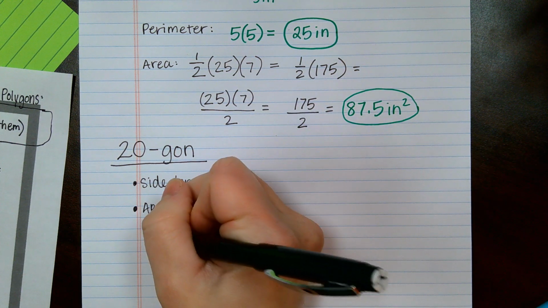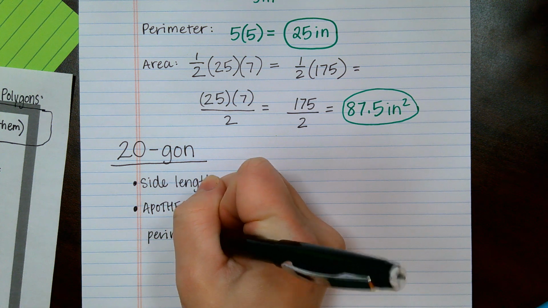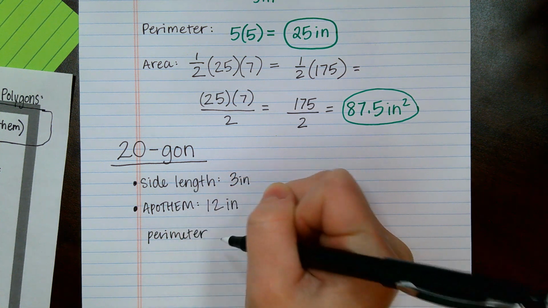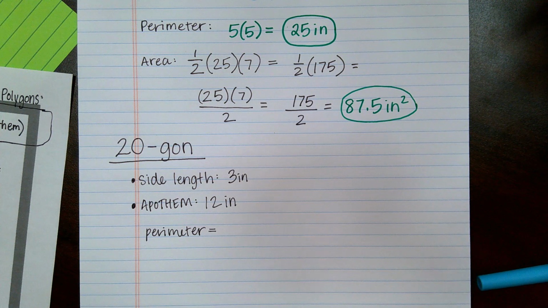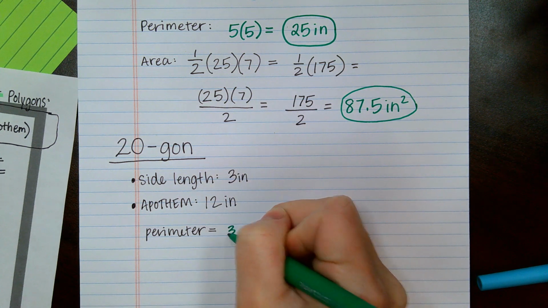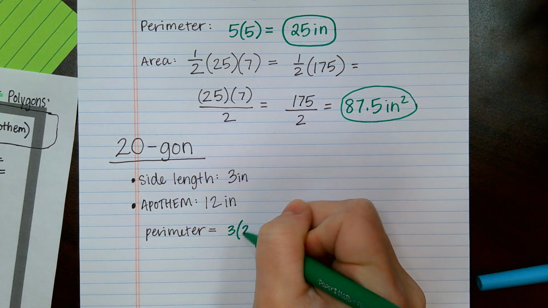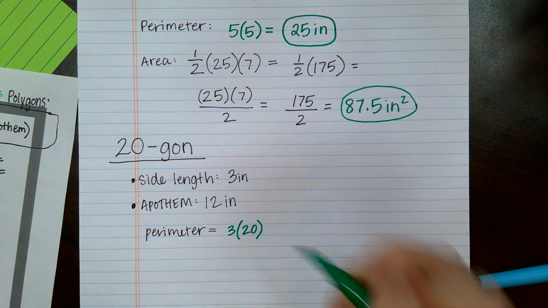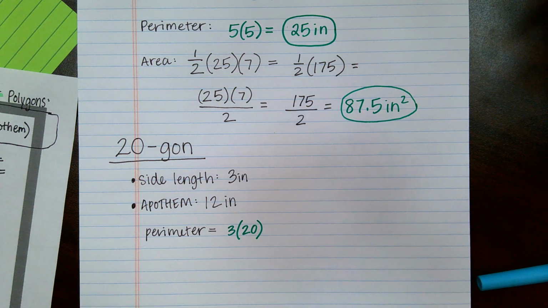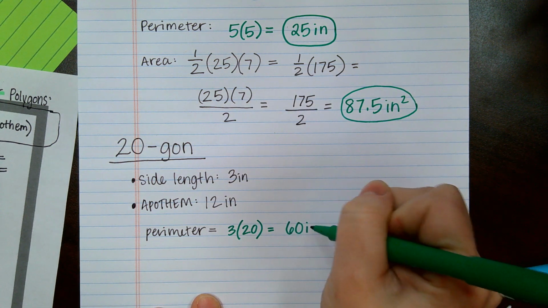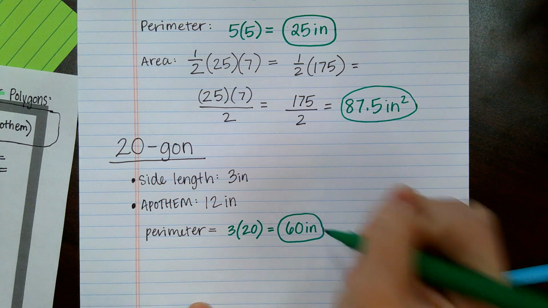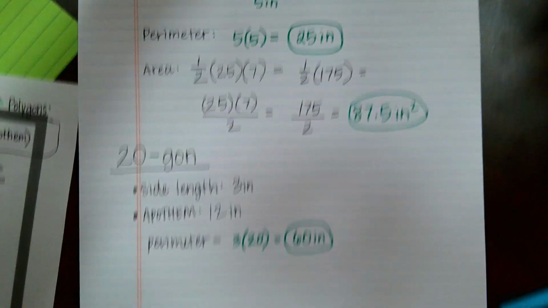So for perimeter, we're going to do 3 times 20. 60. Perfect. So our perimeter is 60 inches. The perimeter is not so bad.